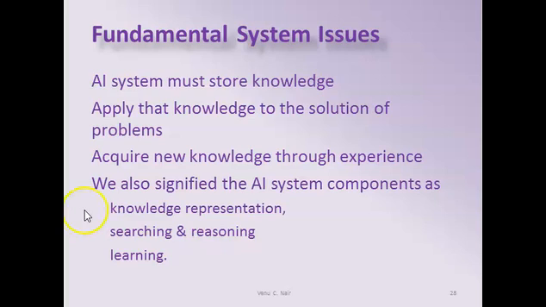So we have seen these 3 things: storing the knowledge, applying that knowledge, and updating the knowledge through experience. Based on these factors, we are signifying the AI system components as knowledge representation, searching and reasoning, and finally learning. These also we have seen in the class before.